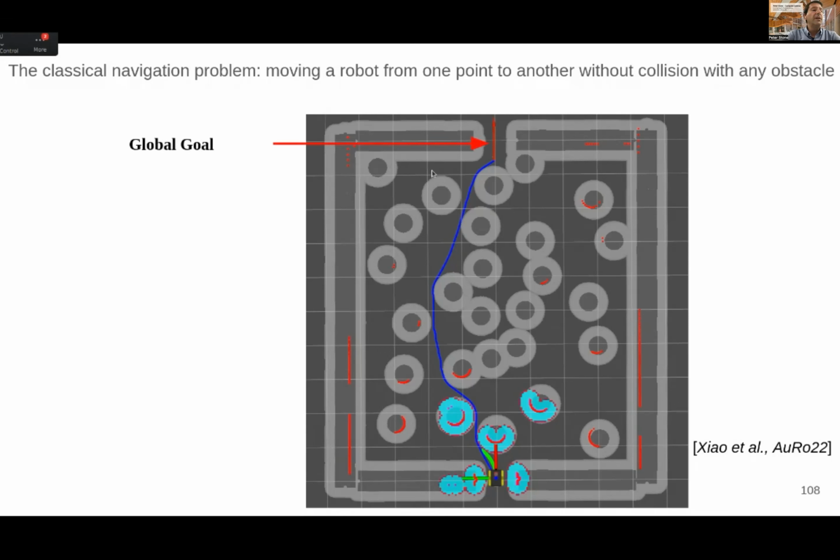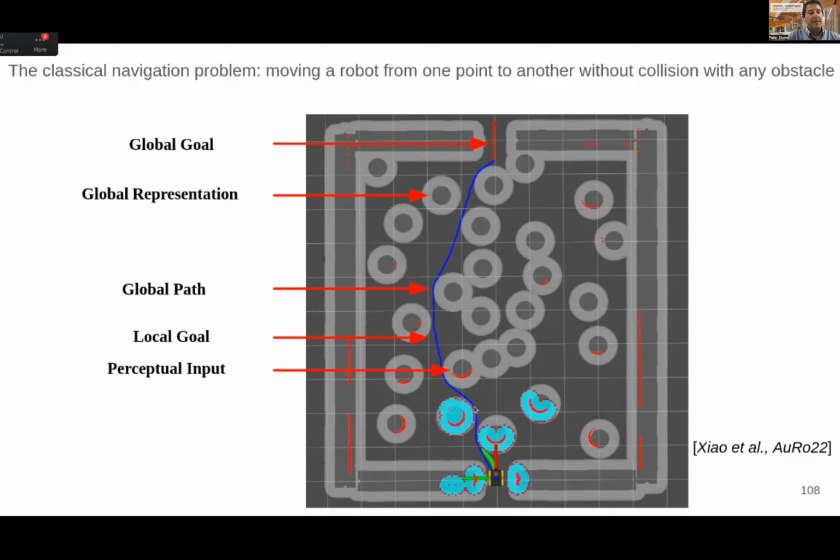That's the global goal. But of course, this can also be decomposed into maybe first doing path planning and coming up with a global path, and then the task specification becomes just follow this blue line, follow the path that I have planned. Or you can have waypoints along that line, which are the local navigation targets, and that becomes the task specification for a short period of time in a temporal abstraction kind of setting.